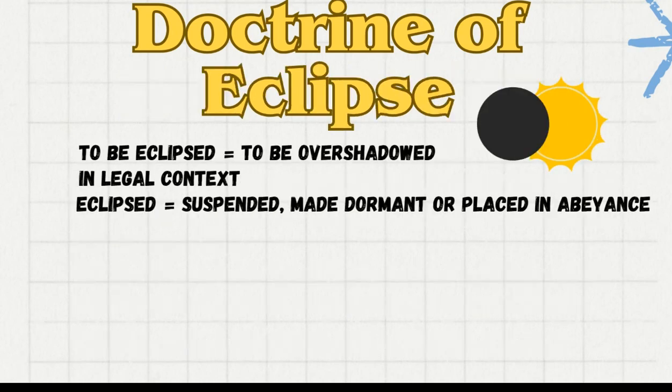Now let us start with the doctrine of eclipse. Let us try and understand the core concept behind the doctrine of eclipse. In layman's terms, to be eclipsed means to be overshadowed or to be superseded by someone or something. In the legal or legislative context, to be eclipsed is to be suspended, to be placed in abeyance, or to be made dormant.